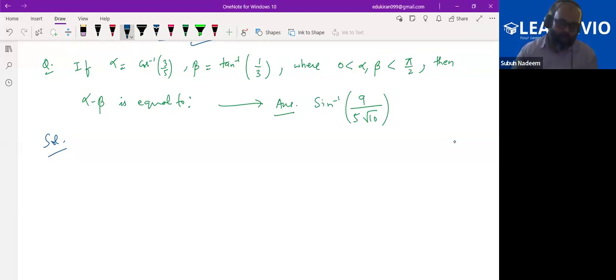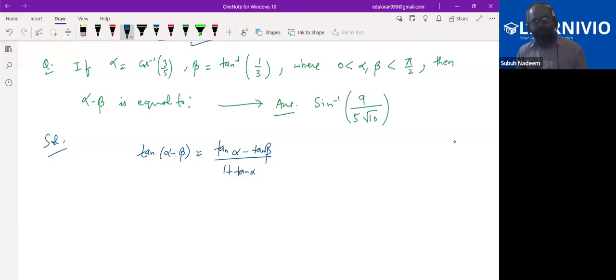So this can be approached in many ways, like you can find sine alpha minus beta, or you can find cos alpha minus beta, or tan alpha minus beta. So let me try tan alpha minus beta here. So tan alpha minus beta is tan alpha minus tan beta by 1 plus tan alpha into tan beta.